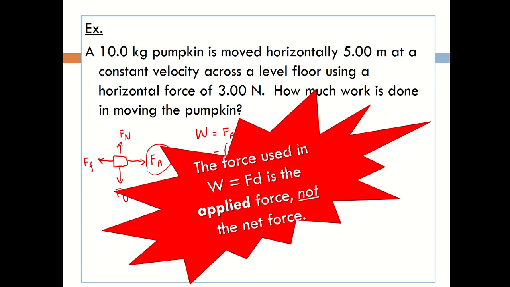Again, not the net force. In some cases, we have to use the F net to find the force that we're interested in finding the work that's been done by that force. But in some cases, you may not need to use the F net equation to find the force because like in here, it's already given to you.